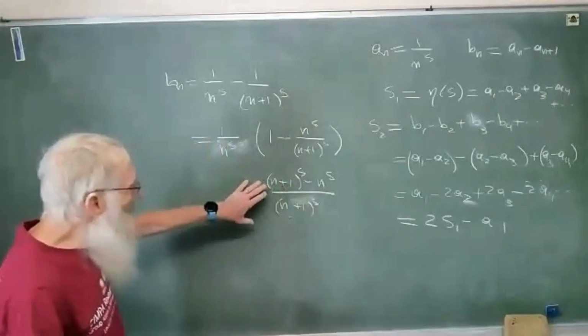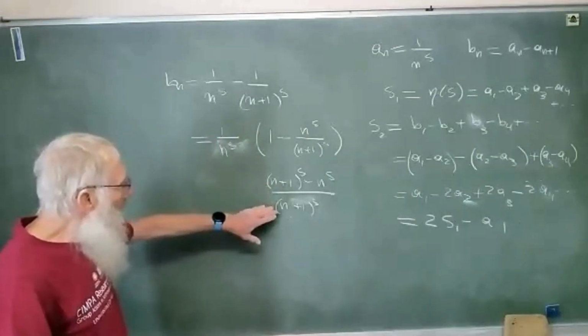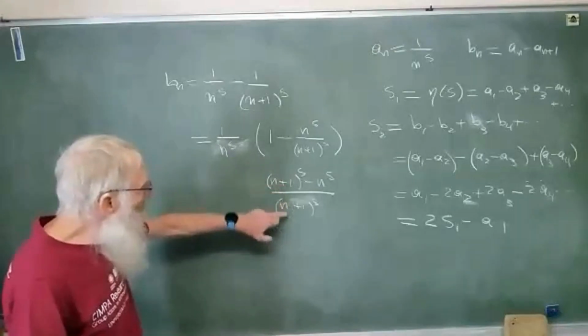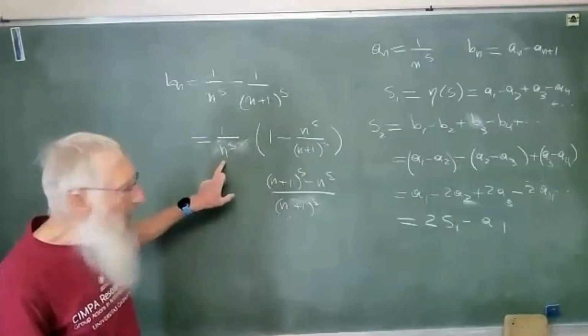So this will be equivalent to 1 over n, and so we win 1 exponent n.